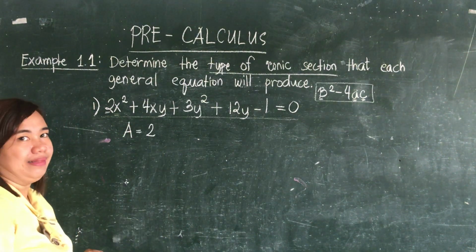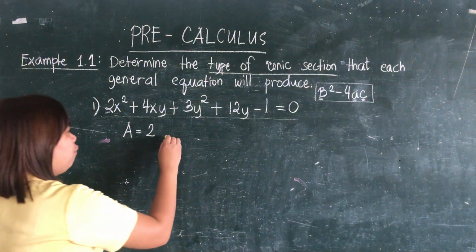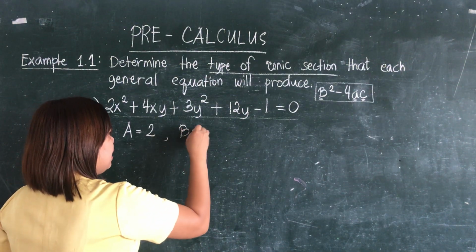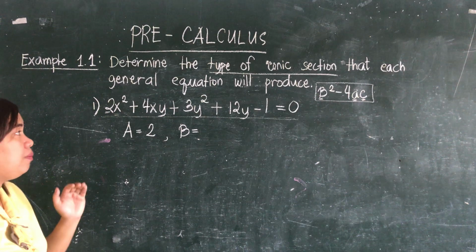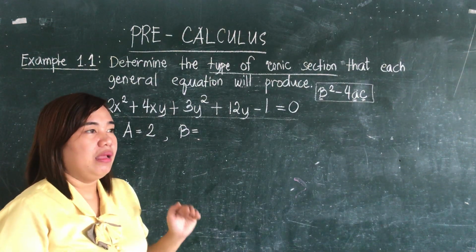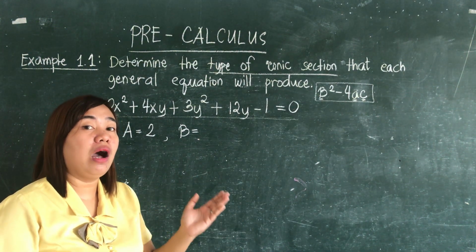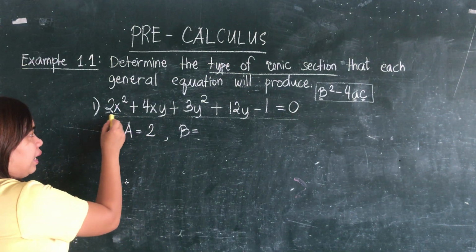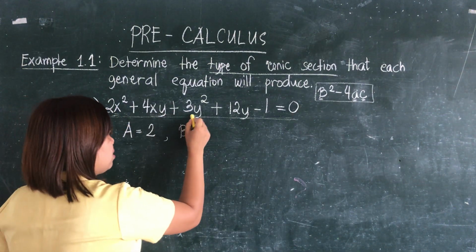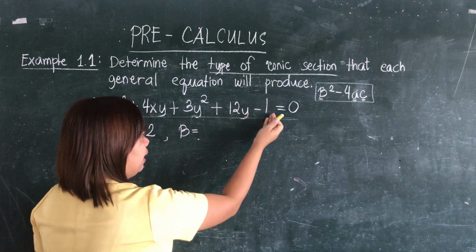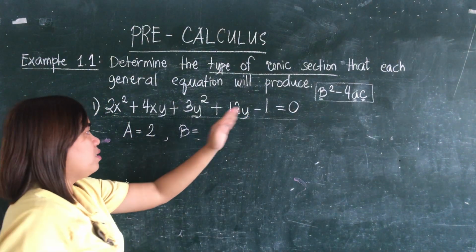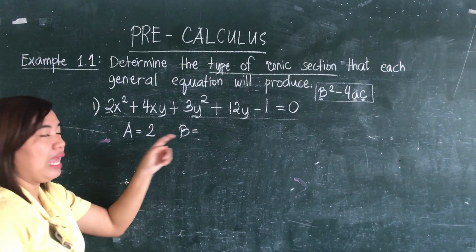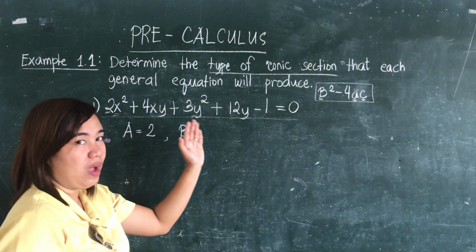Just simple as that. Next is the value of b. The value of b can be determined by the coefficient of x and y. So meron tayo ditong x squared, xy, y squared, y, and no verb. So therefore, yung b natin ay yung coefficient ng xy.